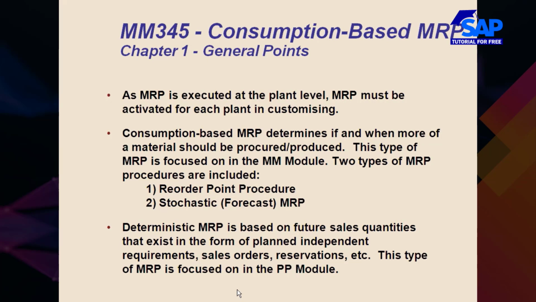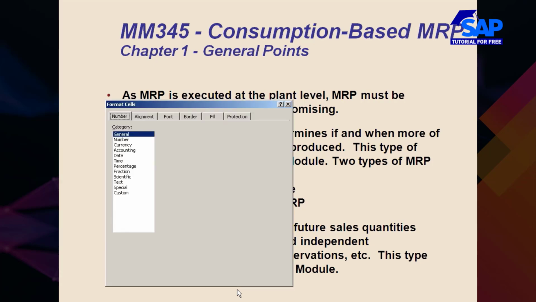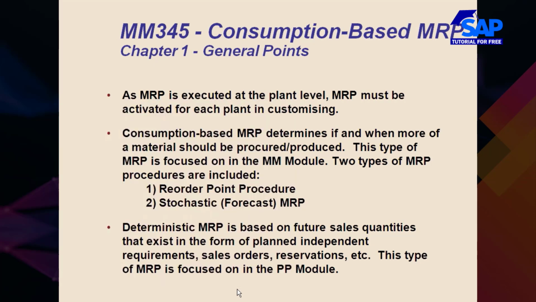The two types of MRP that we work with in the MM module are stochastic and reorder point planning. These are part of consumption-based planning, whereas deterministic MRP is based on the future sales quantities that exist in the form of planned independent requirements, sales orders, reservations, etc. This type of MRP is mainly focused in the PP module.